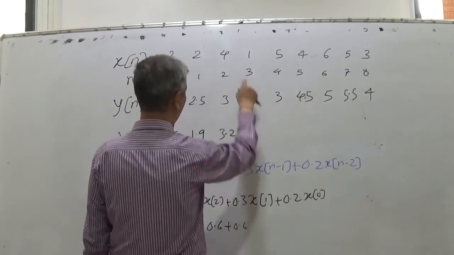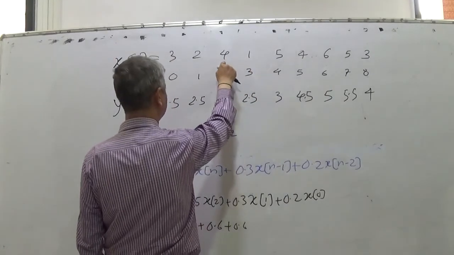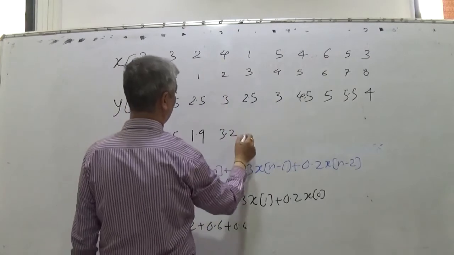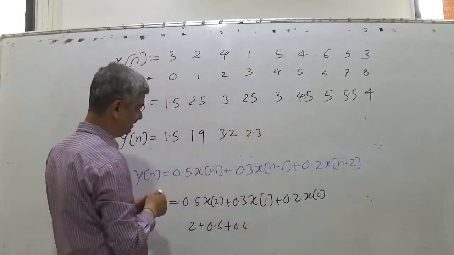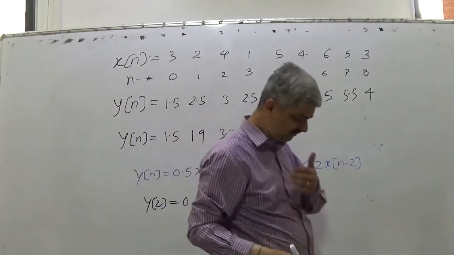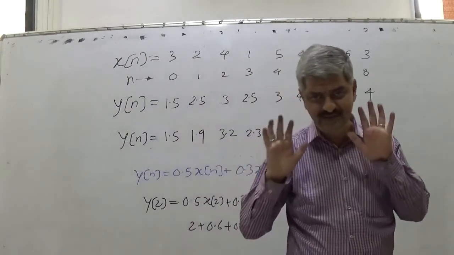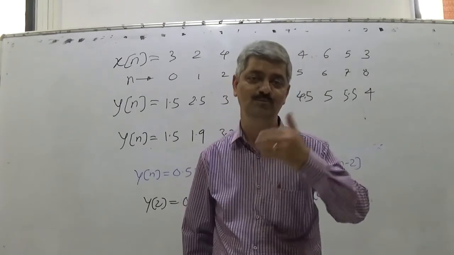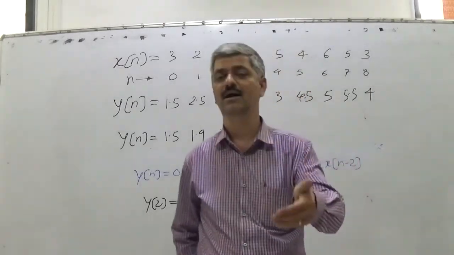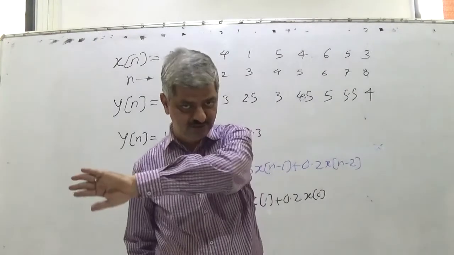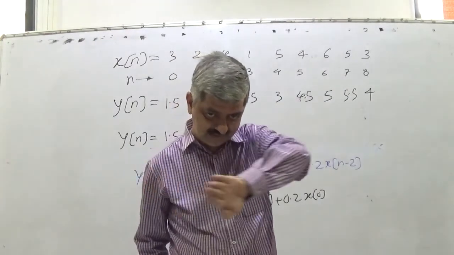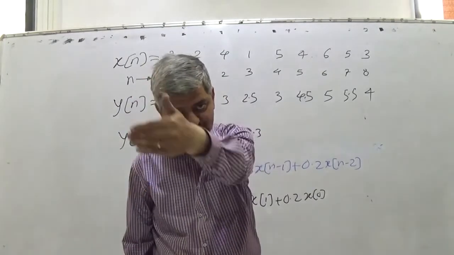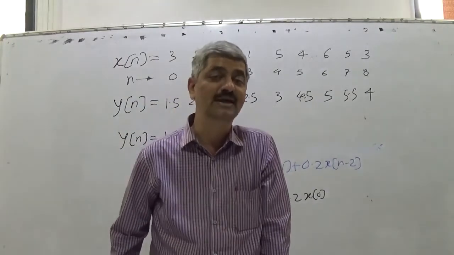What is this? 0.5 plus 1.2 plus 0.6, 1.8 is 2.3. So this is just a very simple example I have given to indicate how output is found from input samples. They generate output samples depending upon a weighted sum.